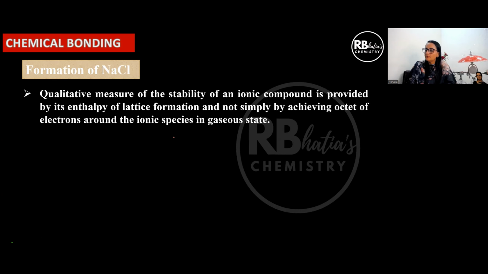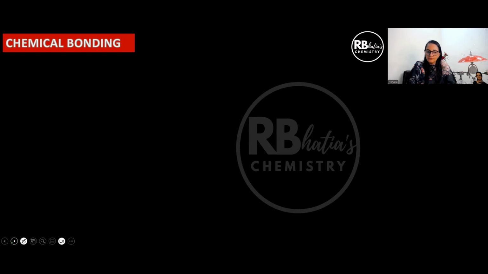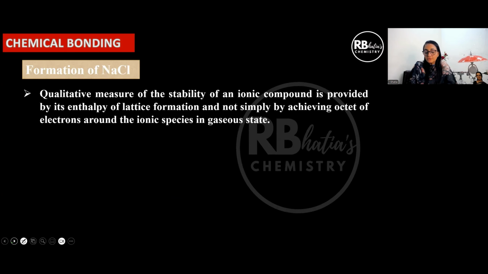That means ionic compounds are not formed simply when an octet is completed. The energy condition should also be satisfied. And a stable ionic compound will be formed when the net energy change is negative. And should lattice energy, that is the energy released when an ionic bond is formed, be high or low? Should be high. High lattice energy will favor formation of an ionic bond.